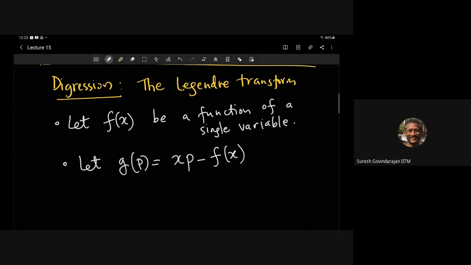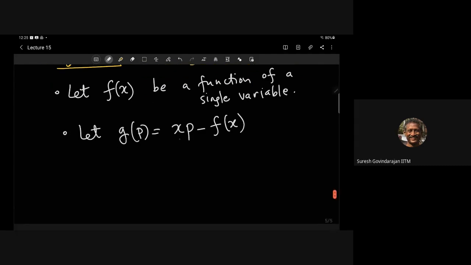So this is exactly like if you take x to be q dot, then you will see this thing. With p equal to df by dx, not partial derivative, ordinary derivative.